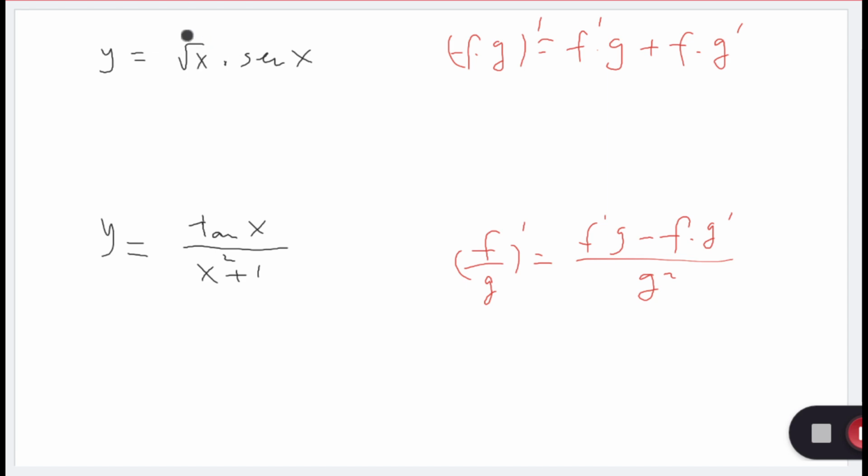So this one here again is a product: square root of x times secant, a multiplication. So we're going to apply the product rule. Before we do that, let's rewrite the square root as a power.